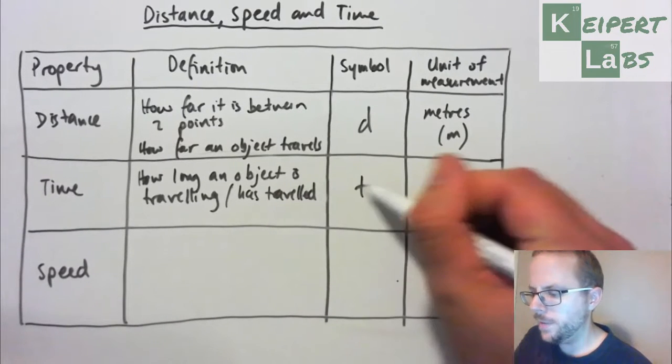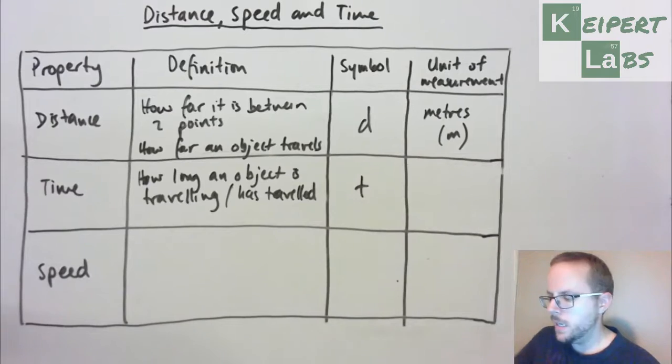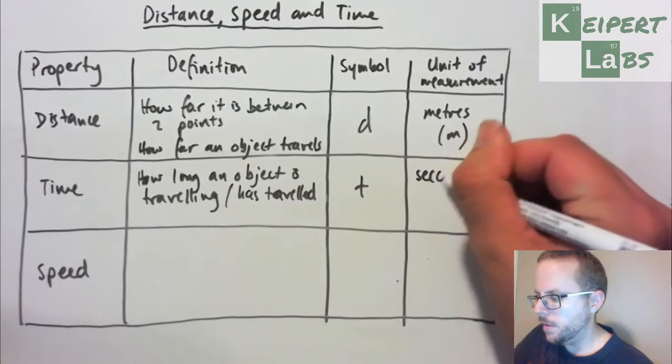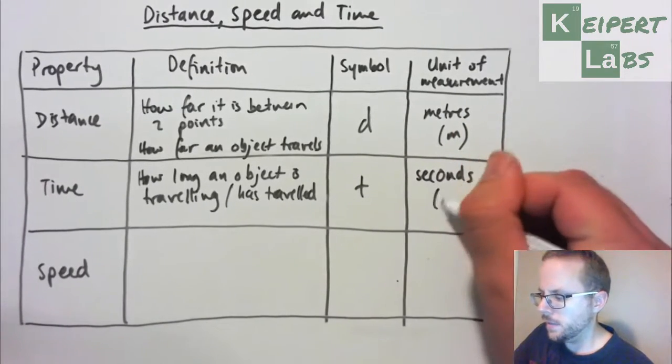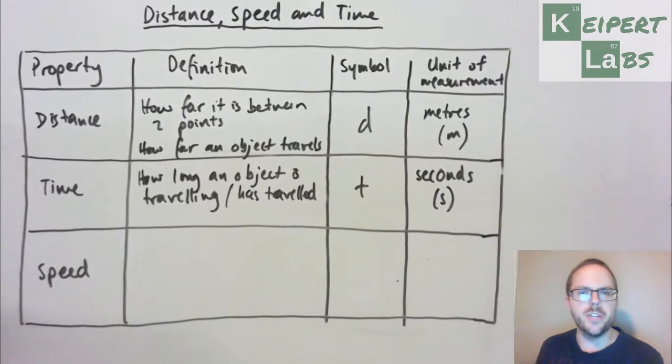We give time the symbol t, and the unit of measurement is seconds. Now we might measure it in minutes, hours, days or years, depending on exactly what we're trying to measure. But some measurement of time that's appropriate in that situation.